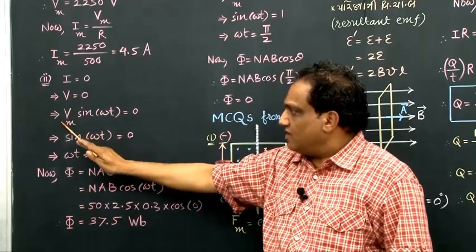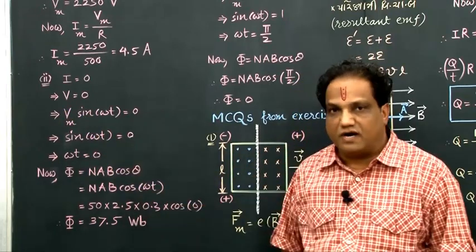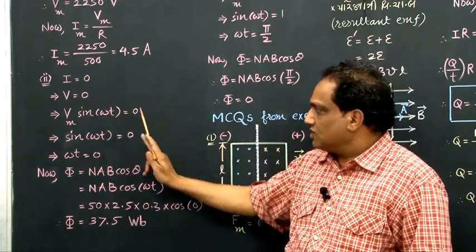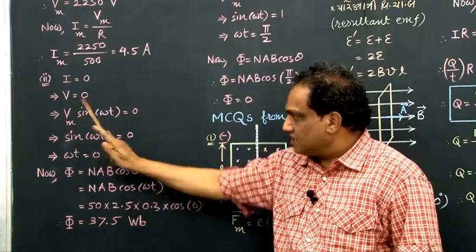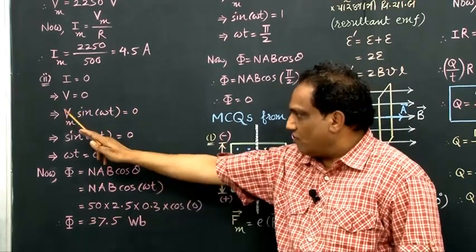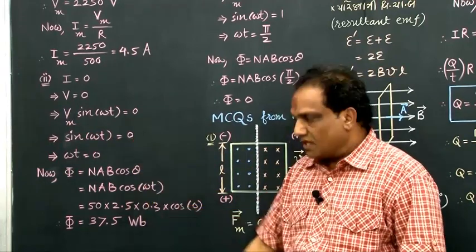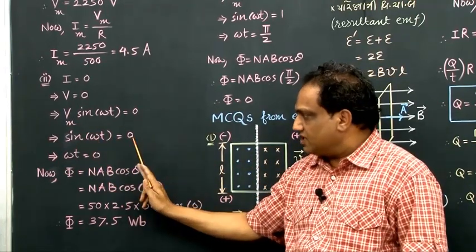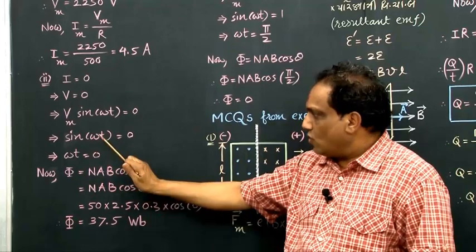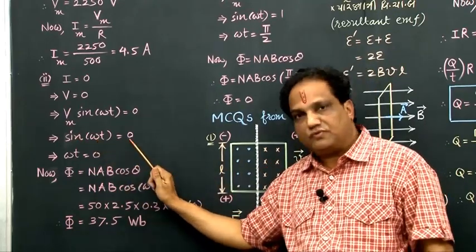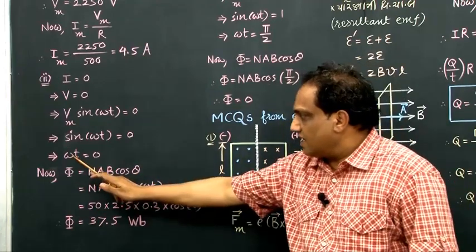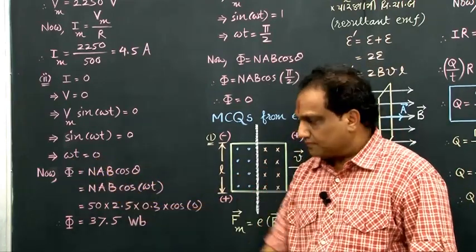V equals Vm sine of omega t, and that equals 0. Find out sine of omega t from here. Take this down, so it is 0 upon Vm, that is 0. If sine of omega t is 0, it means omega t must be 0 because sine 0 is 0. Correct? Fine. So omega t is right now 0.